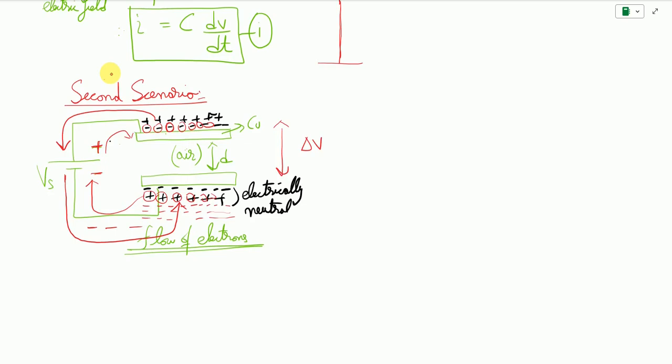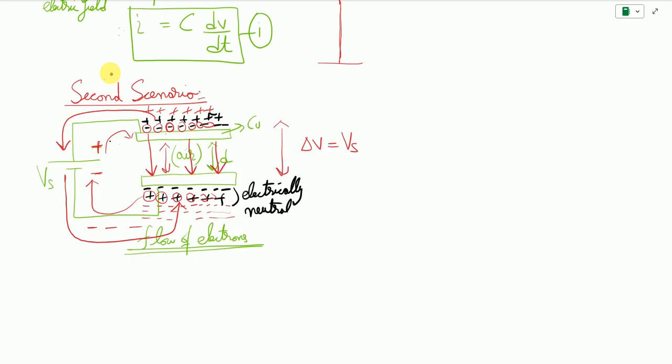So now how is the electric field going to be generated? In order to cover this air gap, we need to have strong charges available on the plates. As soon as the potential difference becomes equal to the voltage supply, the electrons and the positive ions have increased in numbers in such a way that the electric field starts to be produced from the positive side towards the negative side.